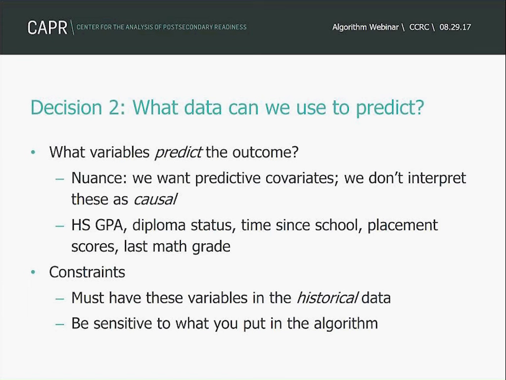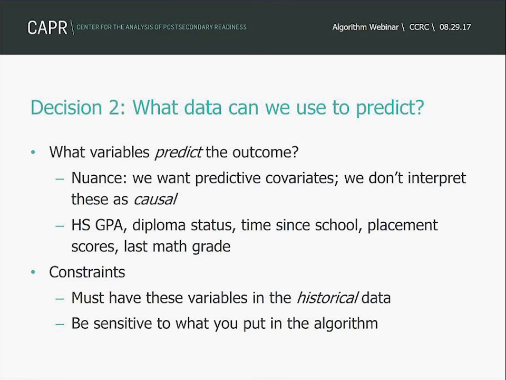Some important constraints. As I said before, we must have these variables in the historical data. To give you an example of how that can be a challenge, having high school GPA wasn't necessarily readily available in the historical data. Even more challenging would be if you wanted to incorporate, for instance, a non-cognitive measure. Say you wanted to do a survey on students' grit and then incorporate that into the algorithm.